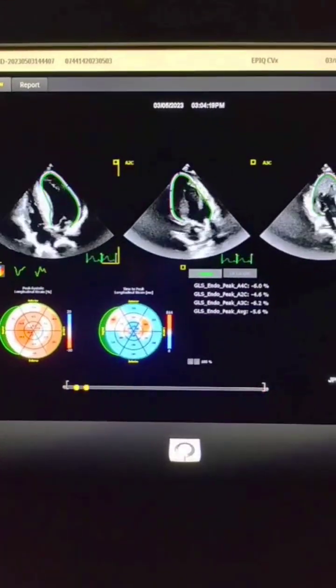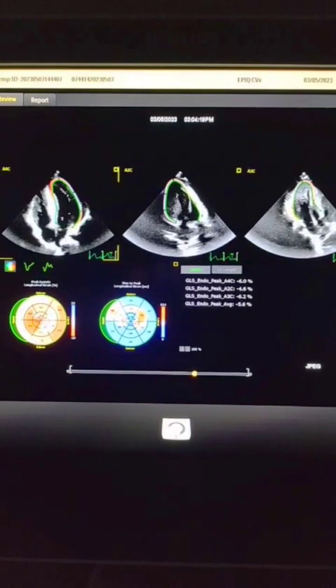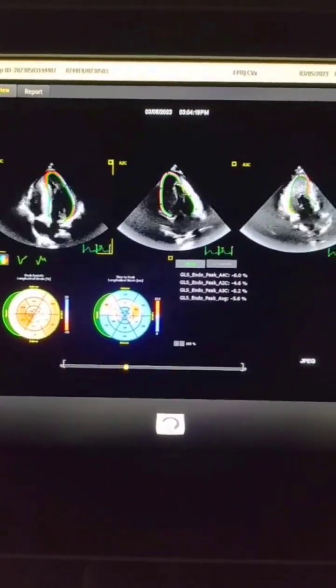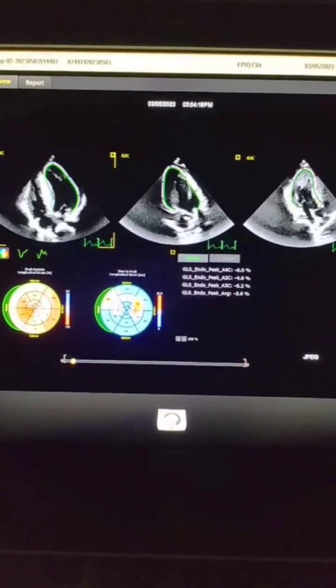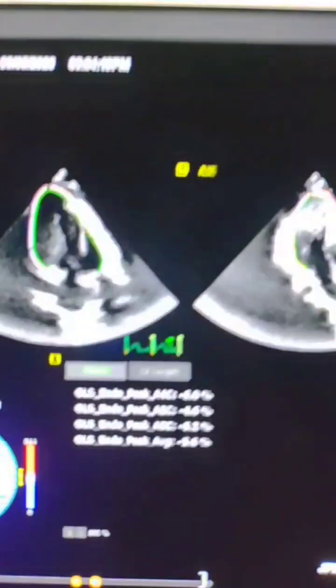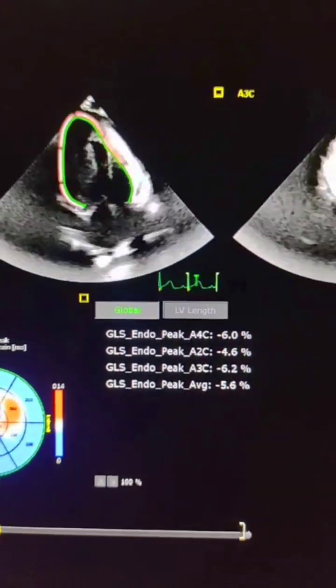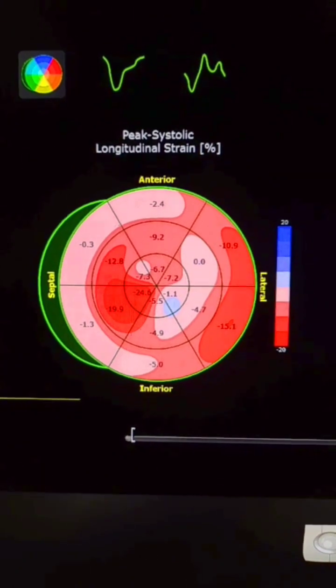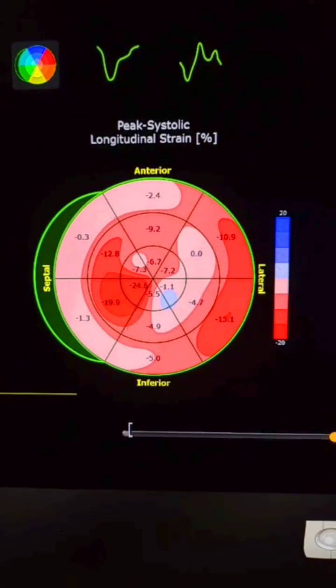This is the GLS of this patient after getting 4-chamber, 2-chamber and 3-chamber views. The GLS of this patient is around -6, and this is a bullseye. You can see the blue is bad and red is good.